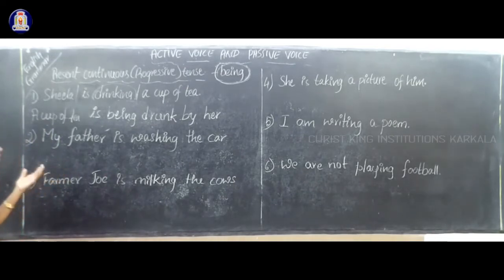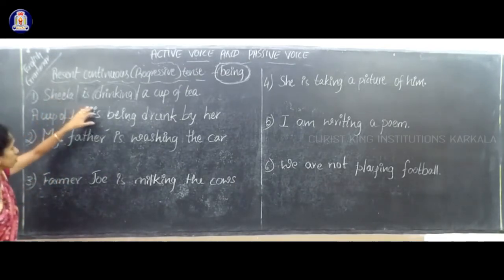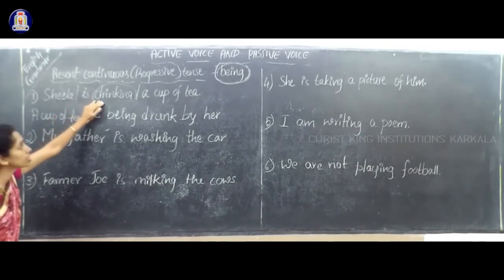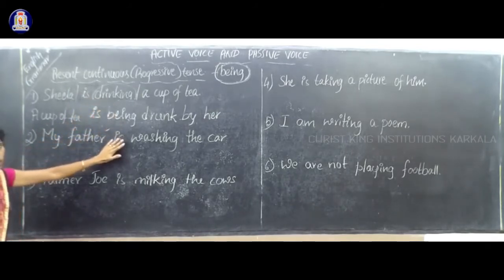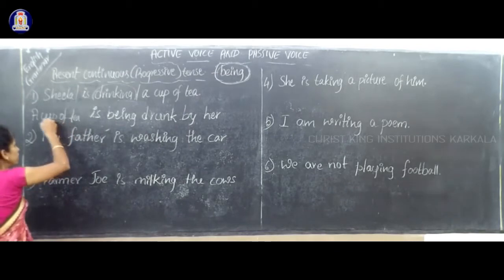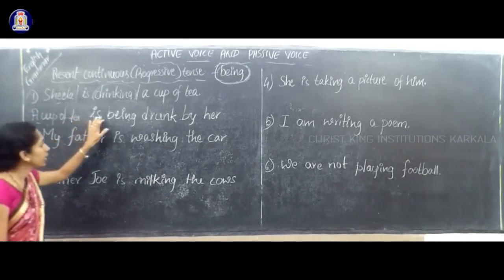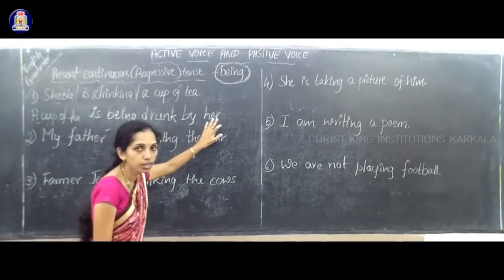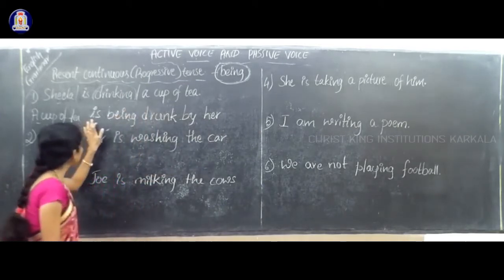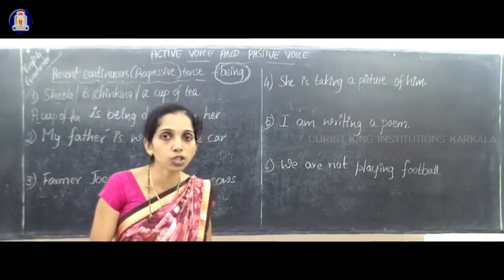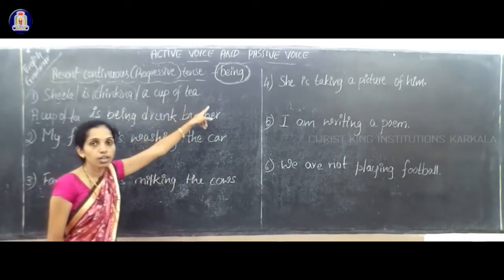Her refers to Sheila. Here it is in the present continuous, or present progressive tense. It is continuing. So the passive form of the above sentence is: a cup of tea is being drunk by her. So, dear students, remember, when there is the ing form, we have to use being.